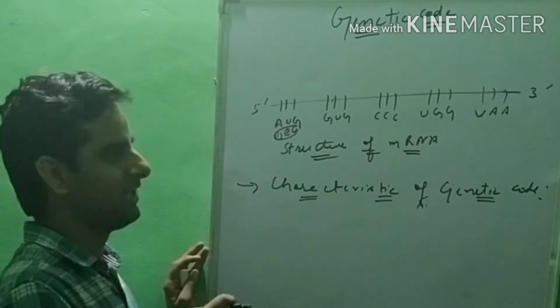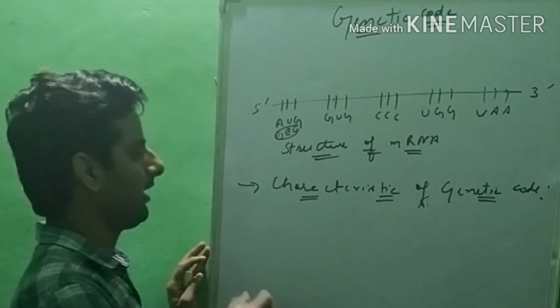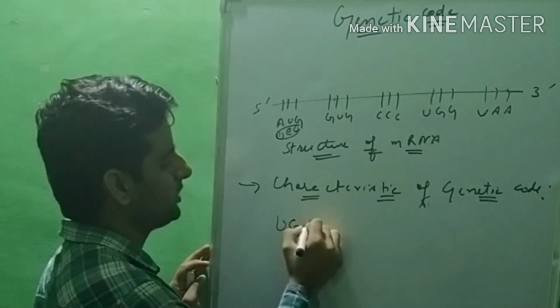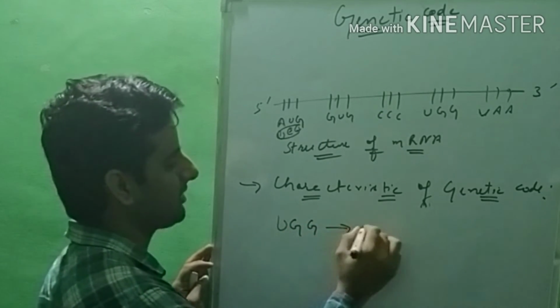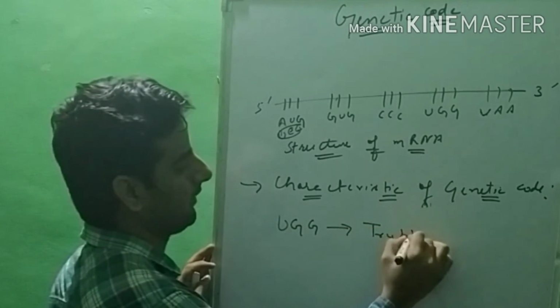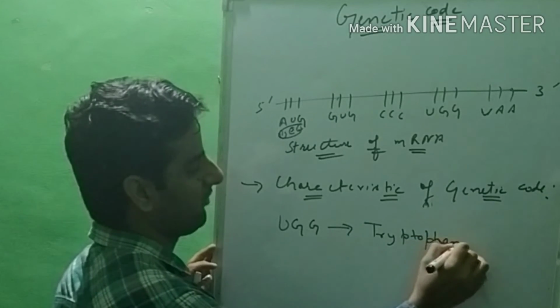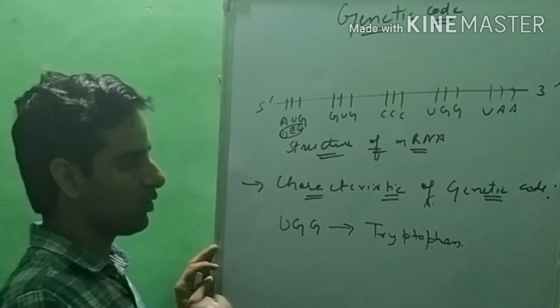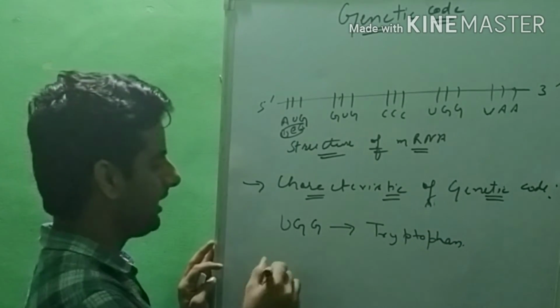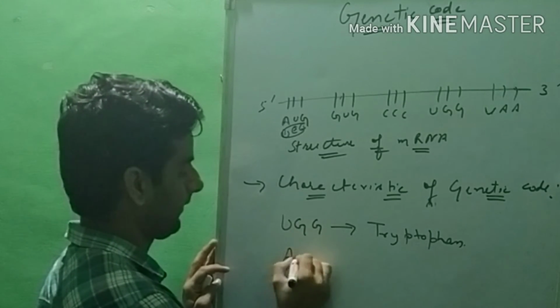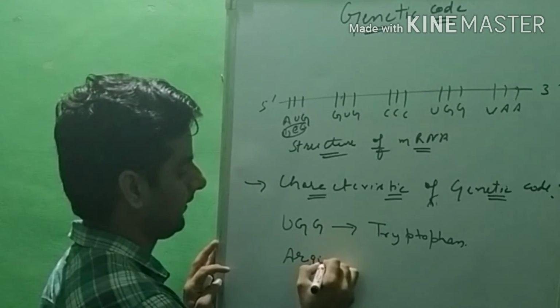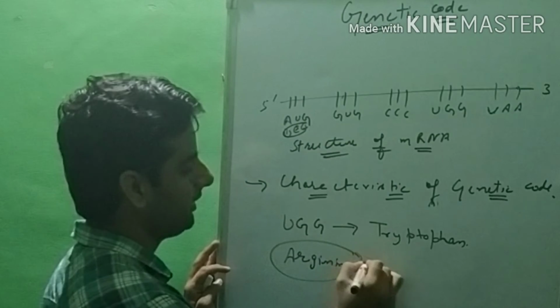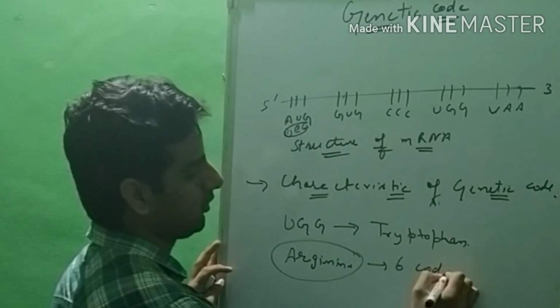But remember that there is one codon which codes for only one amino acid, that is the UGG codon, which codes for only tryptophan. And the highest number of codons is for arginine. It has approximately 6 codons.